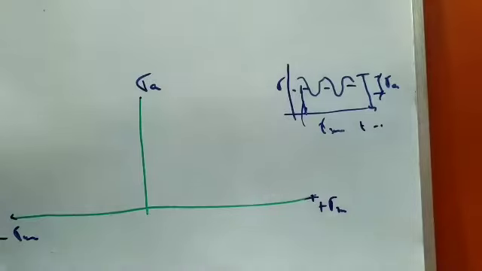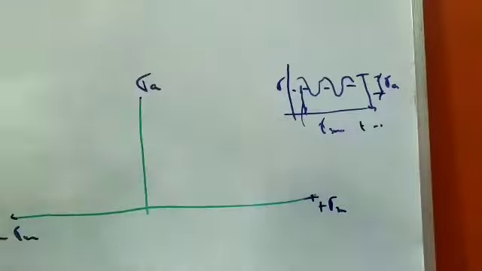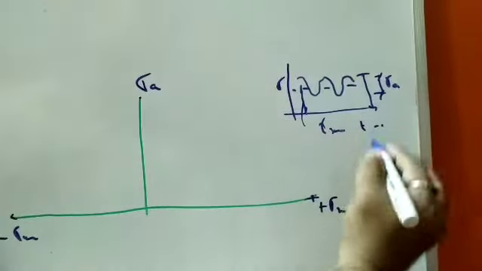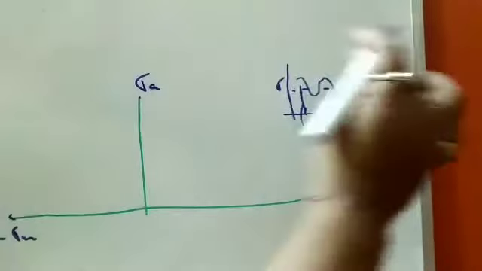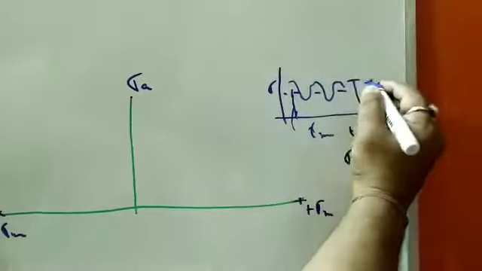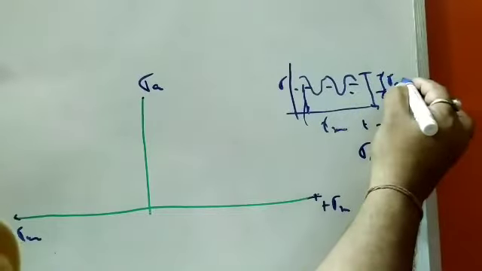Now an important criterion you see over here: if sigma a, the amplitude, is 0, there is no sigma amplitude. If you see this figure, this amplitude sigma a is 0.